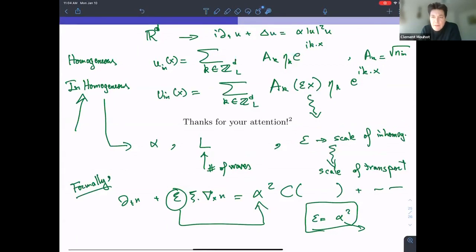Okay, so this equality between epsilon and alpha squared is an equality that you need between the scale of the inhomogeneity and the mean free time, if you like. Okay, so it's conceivable that in the inhomogeneous case, you could have a fixed box and the kinetic limit at the right scale.